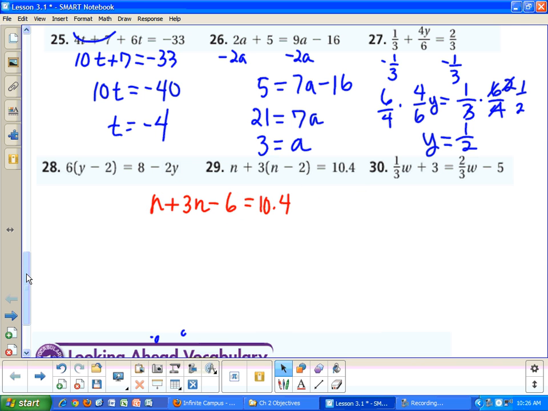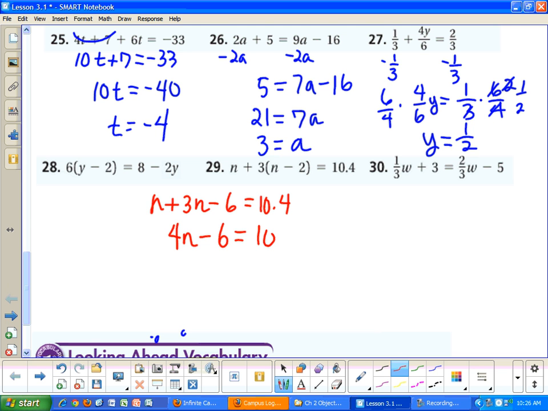And now I can simplify. N plus 3n is the same as 4n, combining like terms. Now I can add 6 to both sides, so I get 4 times n is equal to 16.4. Dividing both sides by 4 leaves me with n equals 4.1.